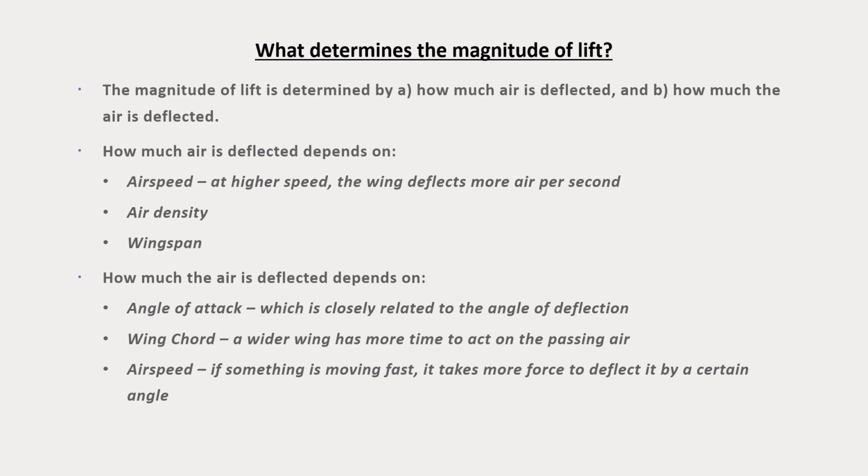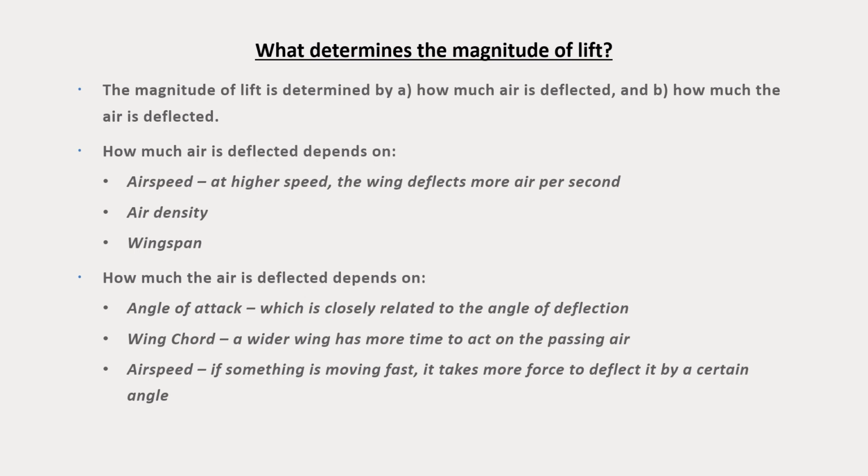The wing chord will influence how much time the air is passing over the wing and how much opportunity the wing has to influence that air and deflect it. And also the airspeed. It isn't influencing the angle so much, but if the air is moving fast, it takes a lot more force to deflect it by a certain angle.